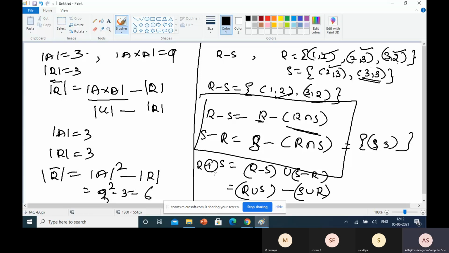That means the symmetric difference between two relations R and S is the union of R minus S and S minus R. Okay, next, one more.